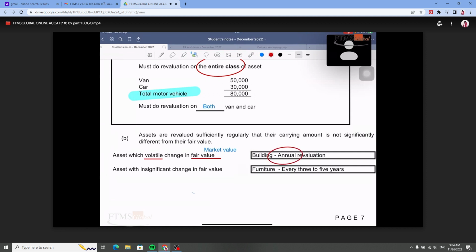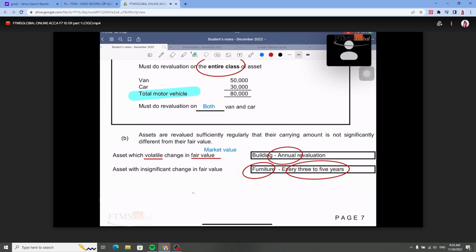Building market prices change very often, so you need to do revaluation every year. If the fair value of your asset doesn't change very frequently, for example furniture, then the recommended frequency is every 3 to 5 years.